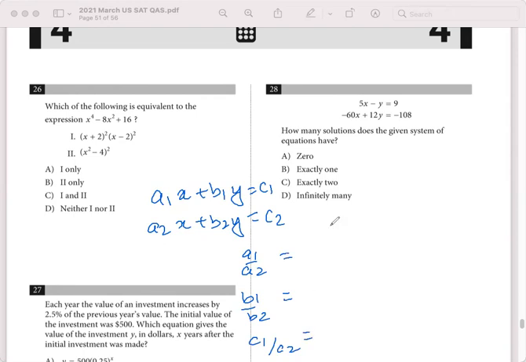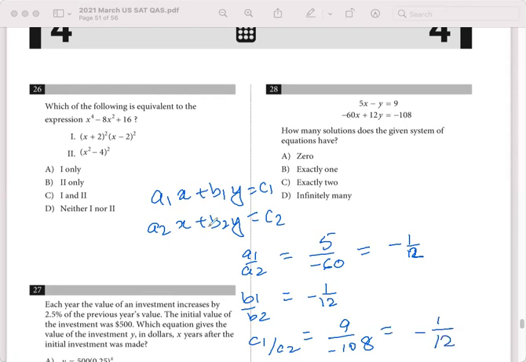So a1 by a2 is 5 by minus 60, which is minus 1 by 12. b1 by b2 is already minus 1 by 12. And c1 by c2 is 9 by minus 108, and that's also minus 1 by 12.